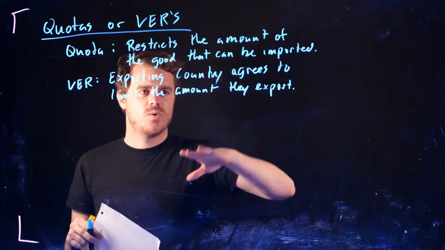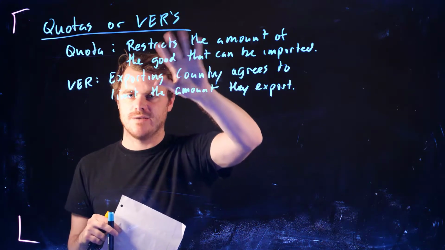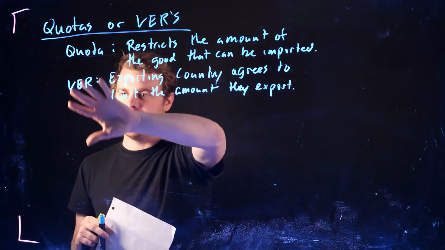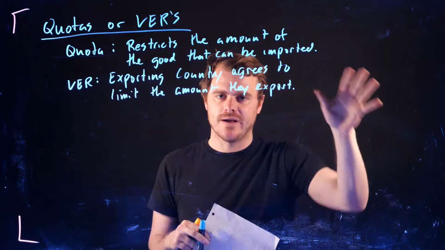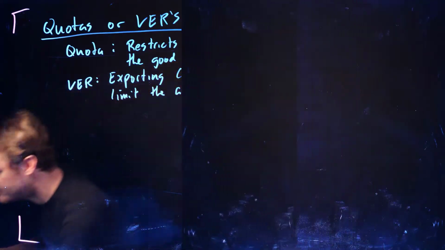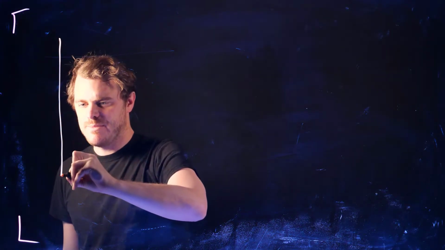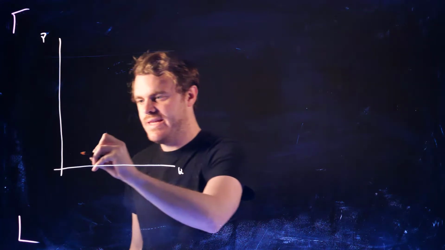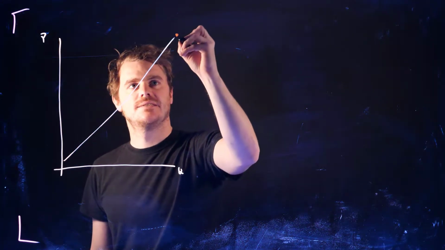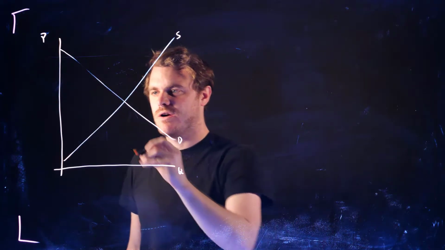All right, so let's quickly erase this board, and then we can draw, just like we did for tariffs, the effect of these quotas on our diagram, and then talk about the welfare implications. So again, let's draw out our diagram of what this industry looks like. We have this domestic supply curve, this domestic demand curve.